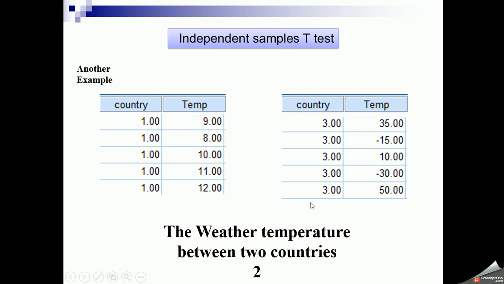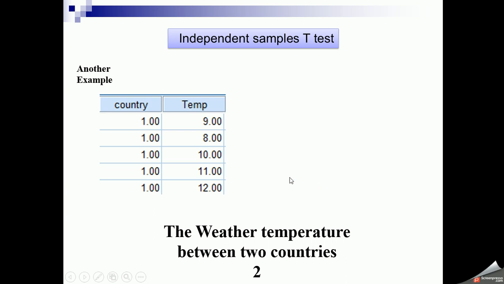Maybe you don't feel good saying that the two means are equal, because the dispersion of these values is so big, and here there is so little dispersion, so it's not very good to say that.